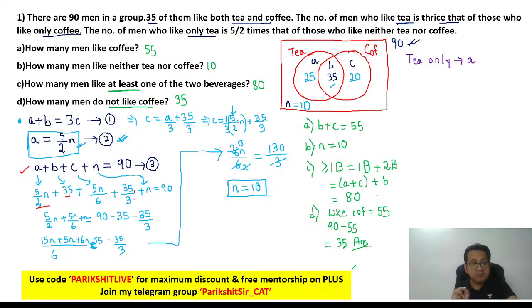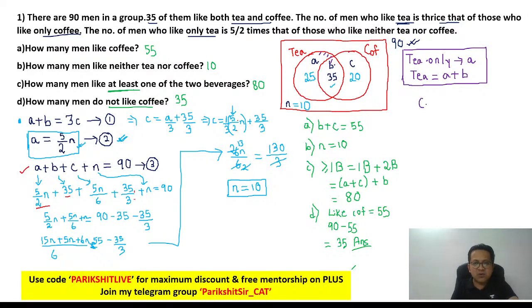T only means A. But if I tell you how many people like tea, T means the entire T circle. Can you see the entire T circle we are talking about? So basically that's A plus B. So the word only can make a lot of difference.